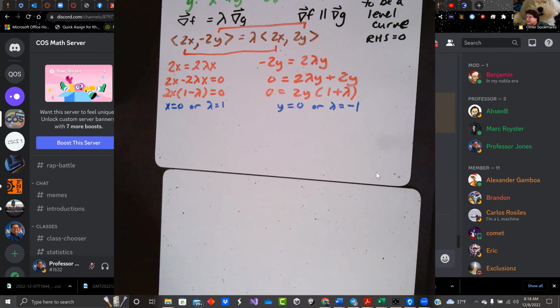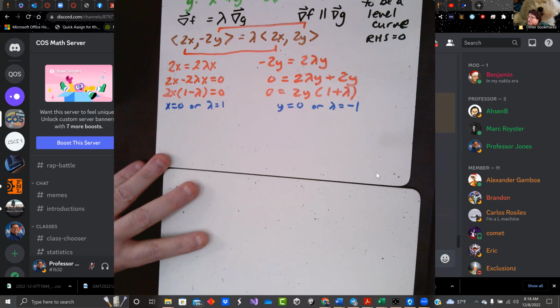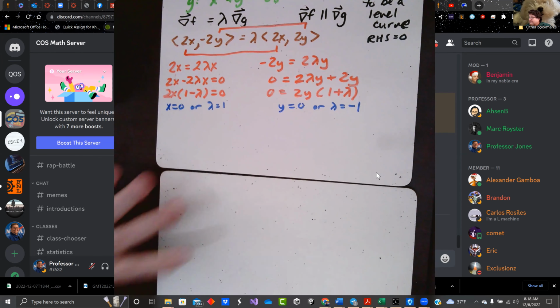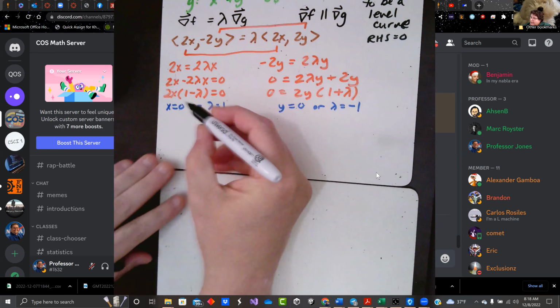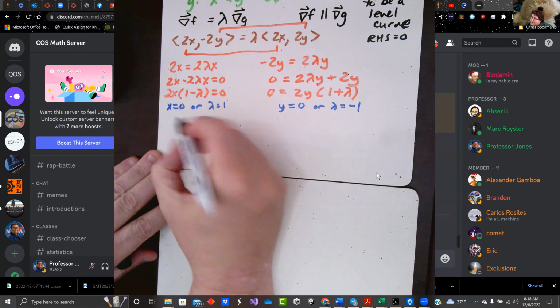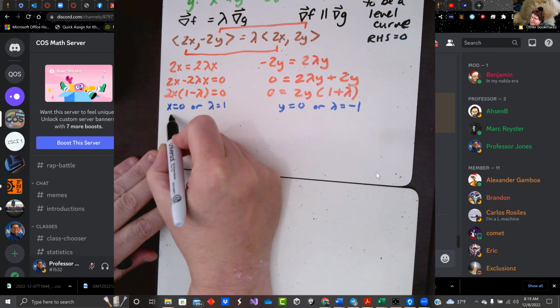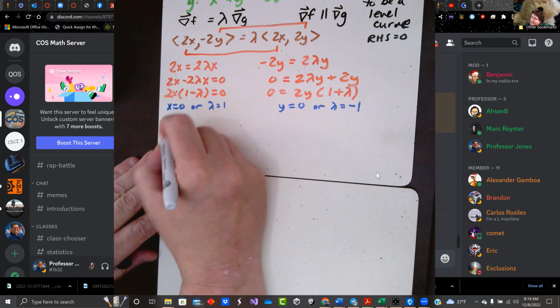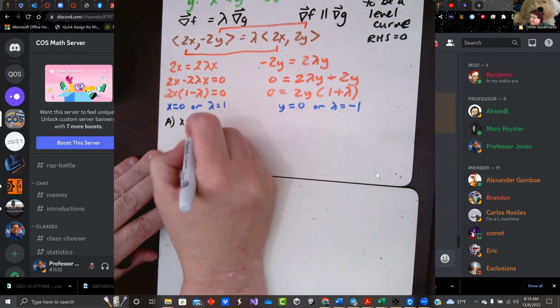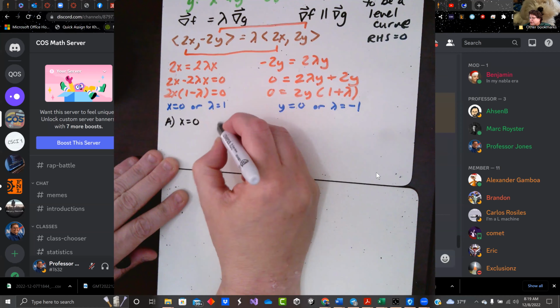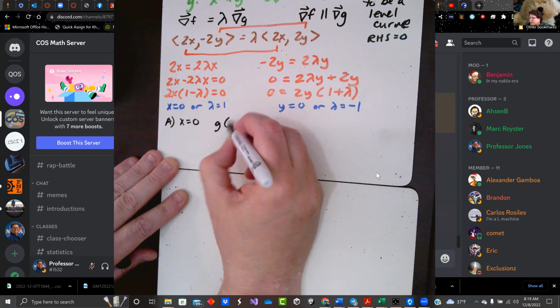Okay, so let's go ahead and check it in our constraints. The constraint is where we're limiting our stuff. I'll start with the left one. We're going to do case A, x equals 0. I'm going to plug into g, x equals 0, and then y.